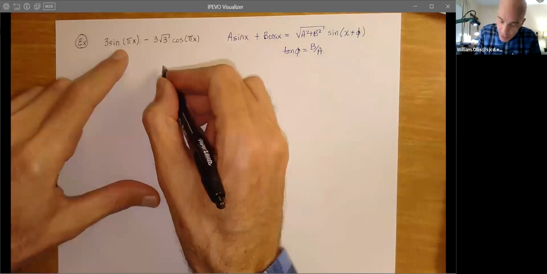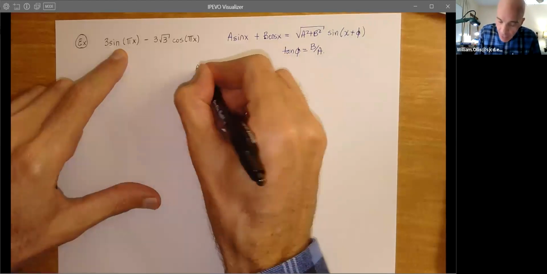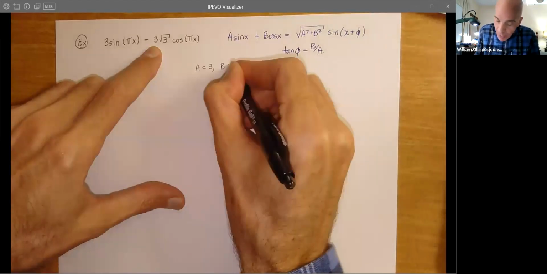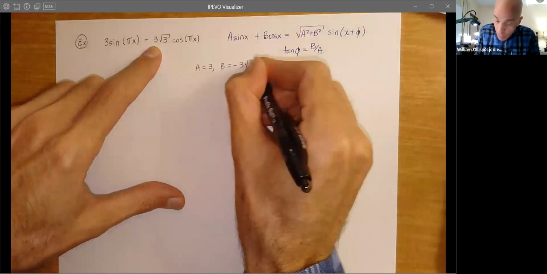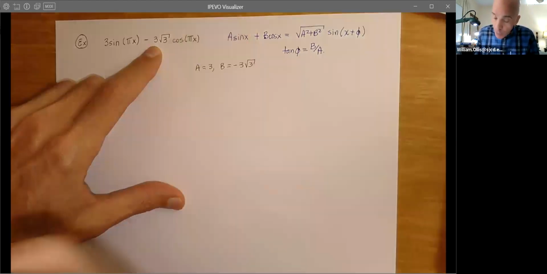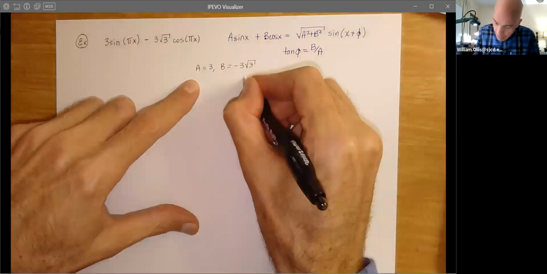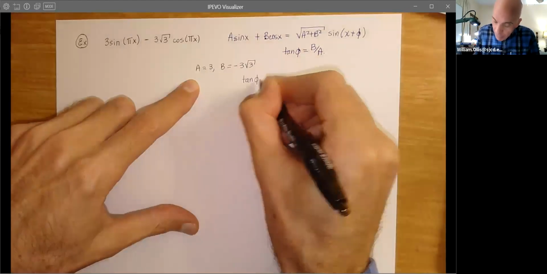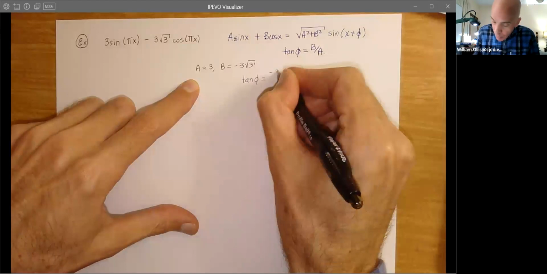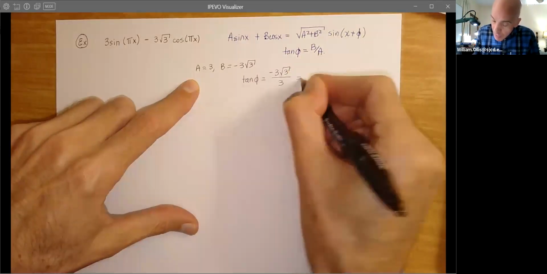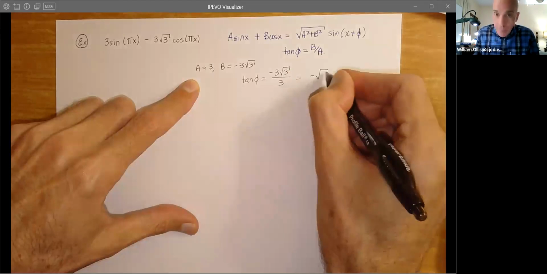Now what we can see, a is equal to 3 and b is equal to negative 3 times the square root of 3. If you want, we can go ahead and get the tangent of phi. Tangent of phi will now be b, which is negative 3 root 3, divided by 3. So this gives us negative square root of 3.